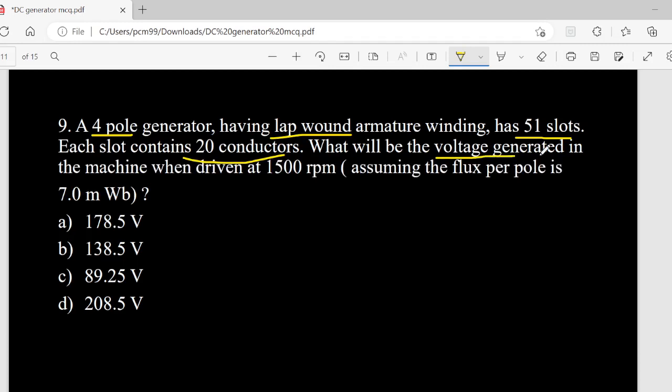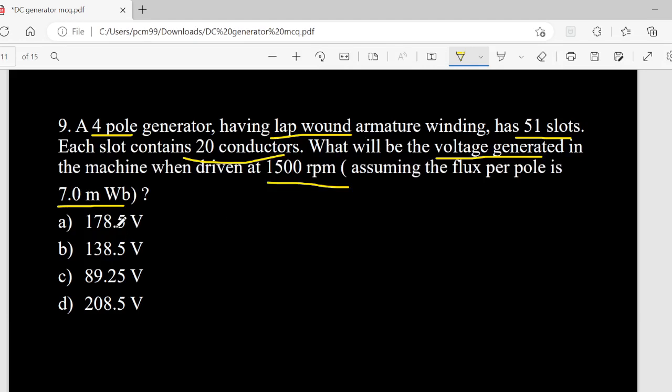What will be the voltage generated in the machine when driven at 1500 rpm, assuming the flux per pole is 7.0 milliweber? Which one of the following options is correct?